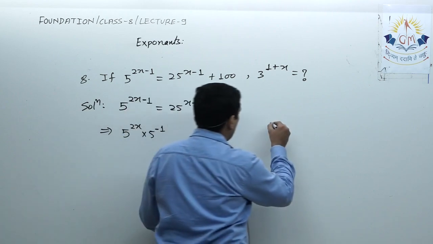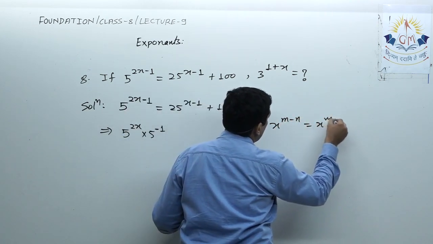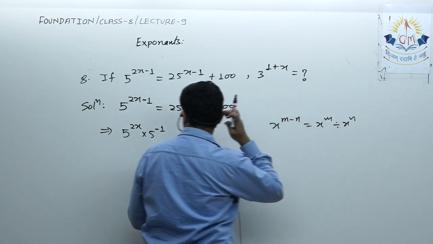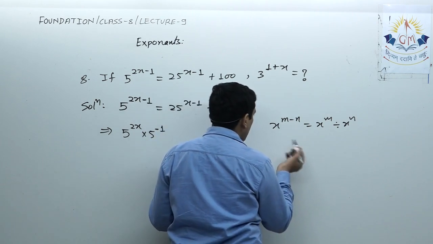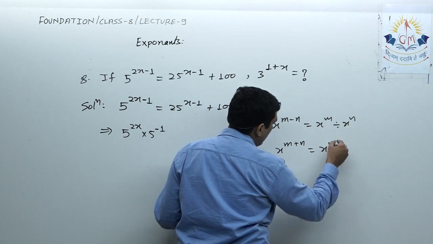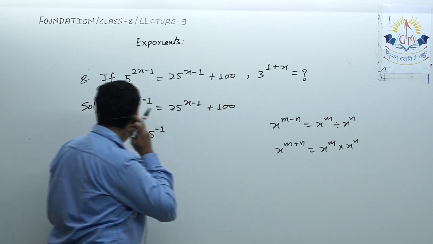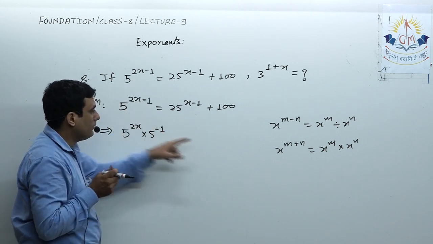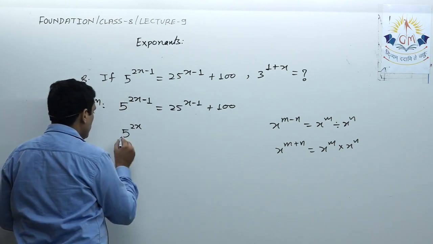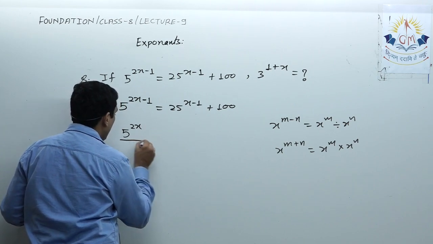See, there was a law that x raised to m minus n is equal to x raised to m upon x raised to n. Or I can say there was a law x raised to m plus n is equal to x raised to m into x raised to n. So any law, actually I took minus 1, so I can solve this with the law. Or if you want to go just according to the law, this should be here divided by 5.